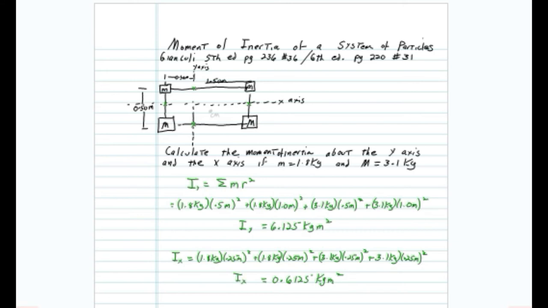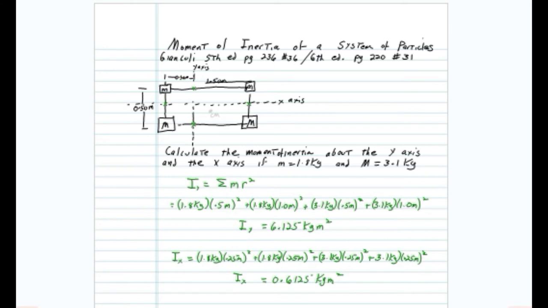So talking about this conceptually a little bit, here's one thing I just want to address for now, just to think about. Imagine trying to find out where the center of mass of this system of 4 objects is. We know that the objects on top are lighter than the objects on the bottom, so we know that the center of mass is going to be below that drawing of the x-axis, that dotted line.